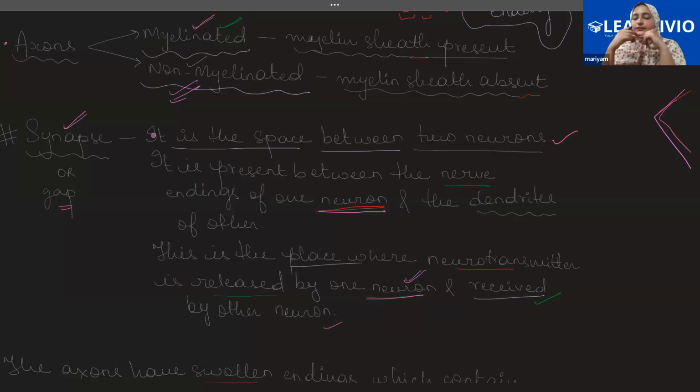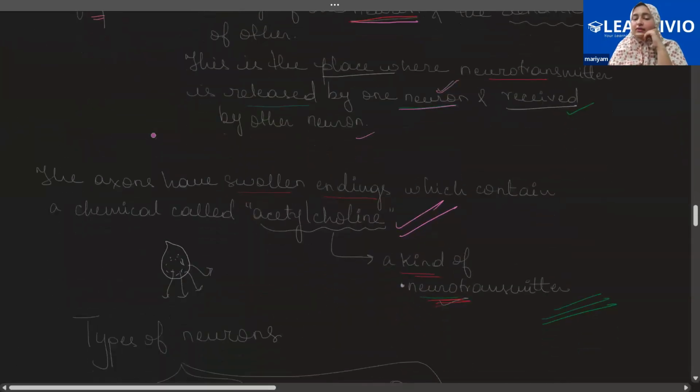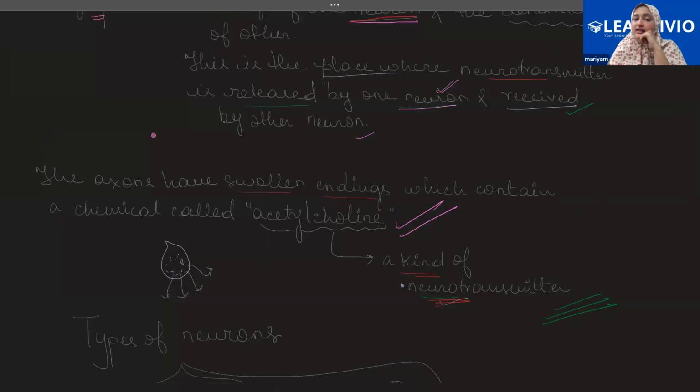Now, we know that the nerve endings are present at the end of the axon. These nerve endings have a storage of neurotransmitter, right? Neurotransmitter is just a generalized term.